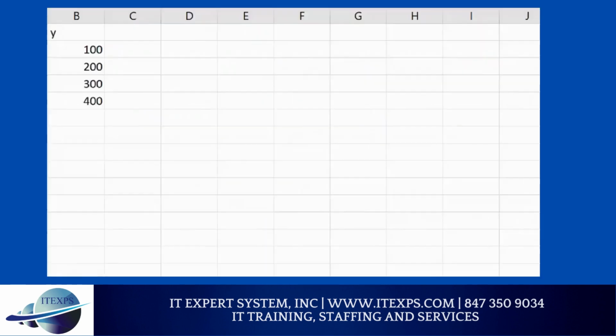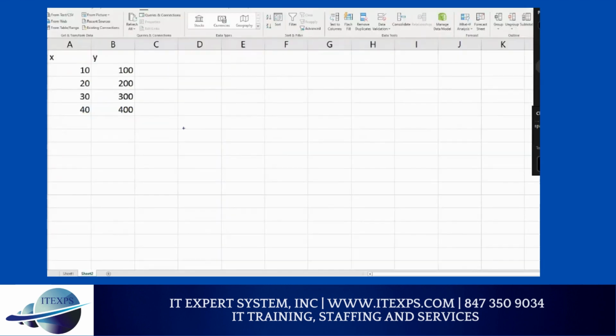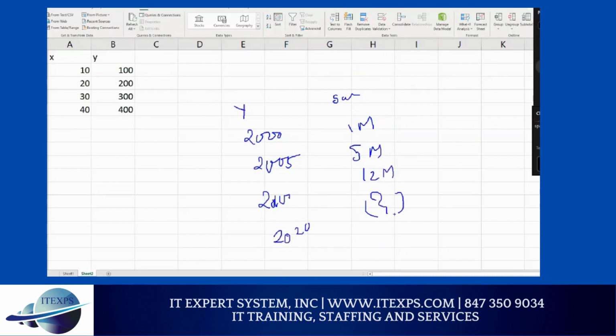Another example. Let's say I have year and I have sales. In 2000, you made 1 million. 2005, you made 5 million. 2010, you made 12 million. And 2020, how much sales will you make? So this is year and this is sales. Which one is the driver?